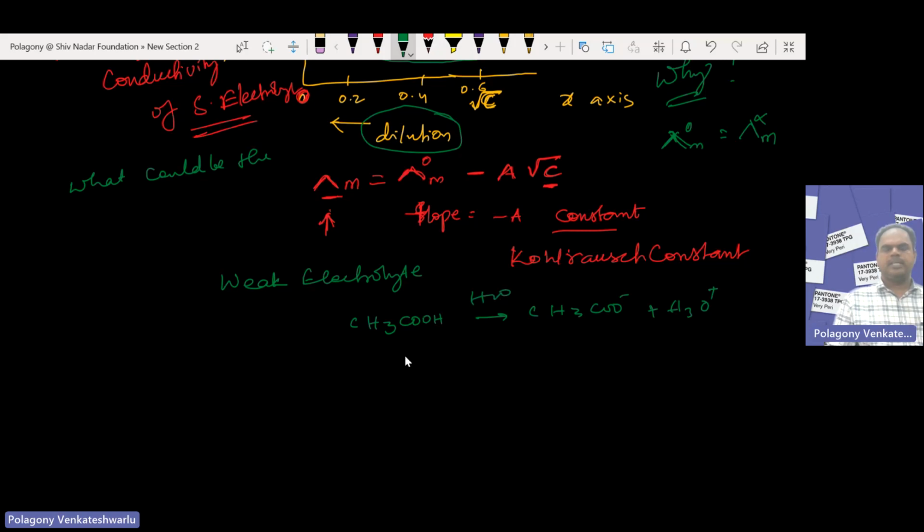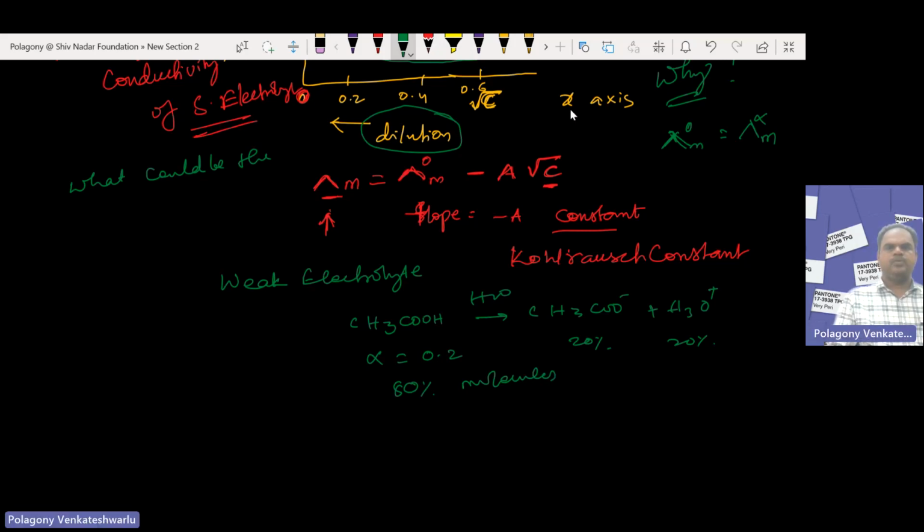The alpha value is almost 0.2 or 0.3 maximum. That means we get only 20% ions, and the rest, 80%, will be molecules in the solution.